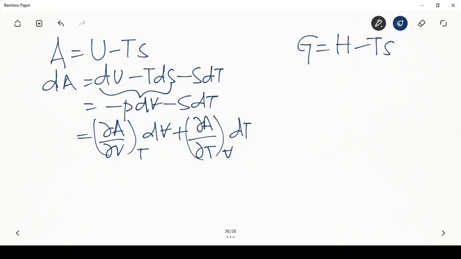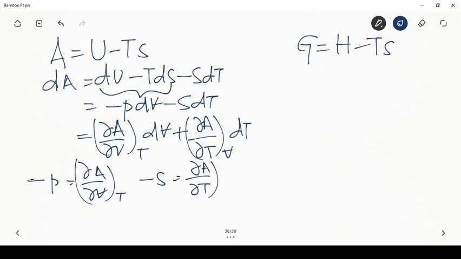Okay, so you get the expression here: minus P is equal to del A by del V at constant T, and minus S is equal to del A by del T at constant V. And for the cross derivatives, del P by del T, both are negative signs, so the minus sign will get cancelled.